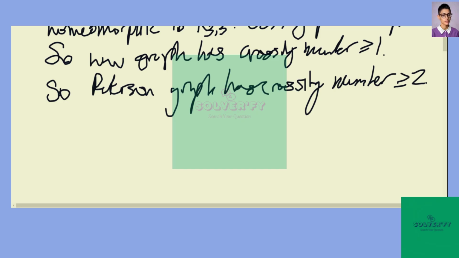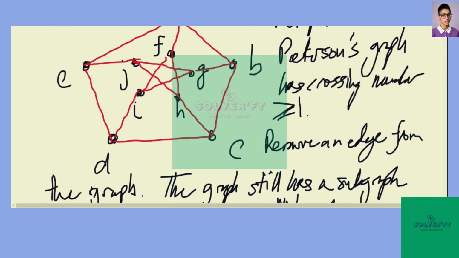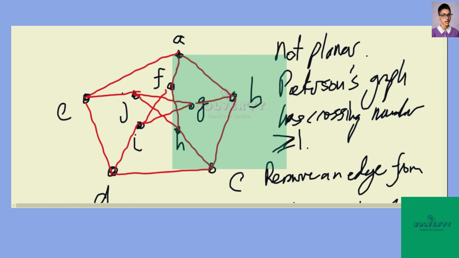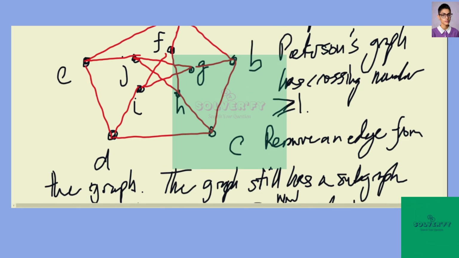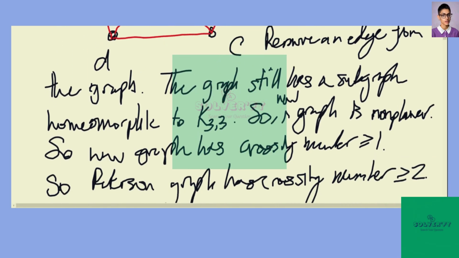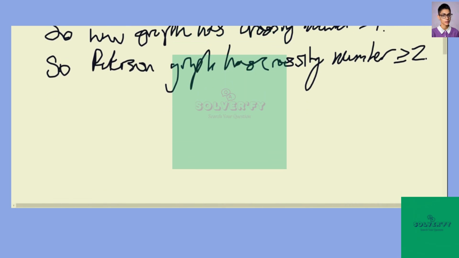And now, let's move the vertices of the Petersen graph so we can obtain exactly 2 crossings. So for example, I could move A and B inside, as well as E inside.